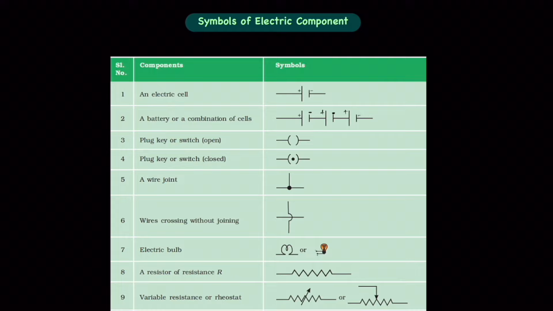Next is the switch. A switch is open when we are not putting any dot in between, meaning in between there is no connectivity. In the closed one we put a dot. The same thing can also be represented like this: this is the open circuit and this is the closed one.